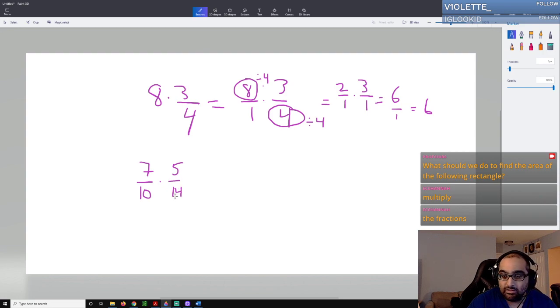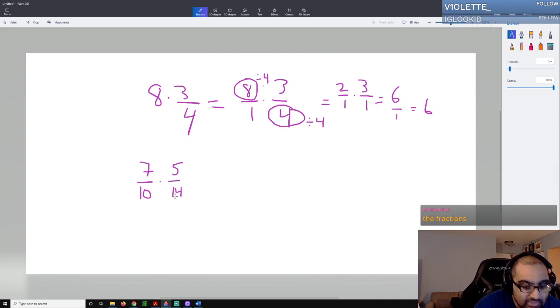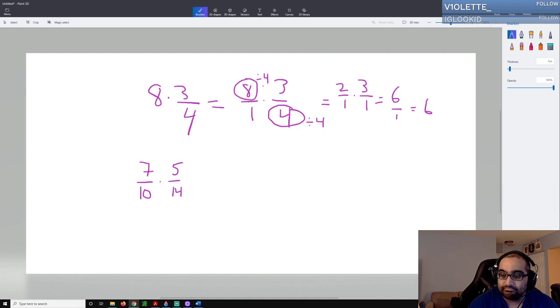Can we reduce these fractions down? What pair of numbers have something in common?